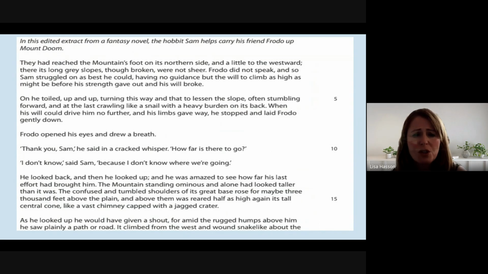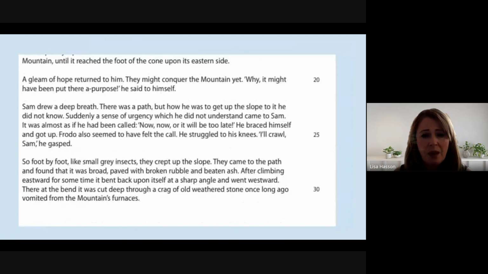The confused and tumbled shoulders of its great base rose from maybe 3,000 feet above the plain, and above them was reared half as high again, its tall central cone like a vast chimney cap with a jagged crater. As he looked up, he would have given a shout, for amid the rugged humps above him, he saw plainly a path or road. It climbed from the west and wound snake-like about the mountain until it reached the foot of the cone upon its eastern side.